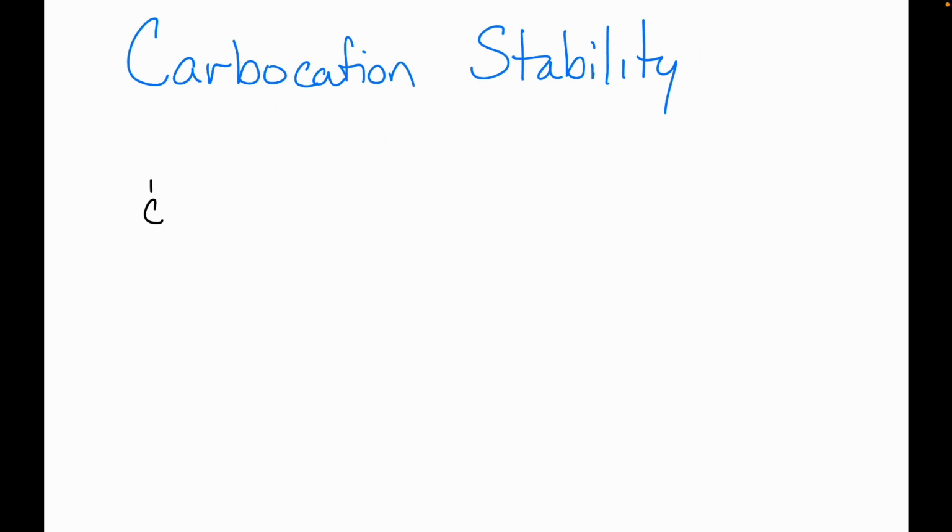We have, if a carbon doesn't have any carbon neighbors, as in this case here, we would call this a methyl carbon. All right, if we're looking at a carbon, for example, this one highlighted in blue here, and it has 1 carbon neighbor, we call this a primary carbon.